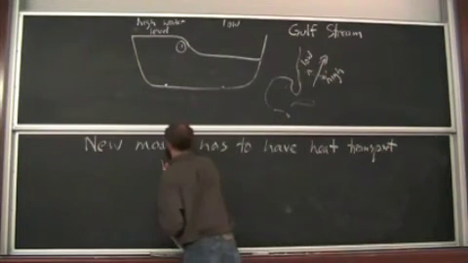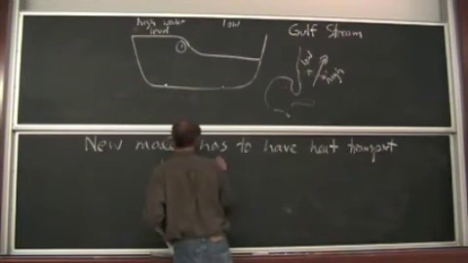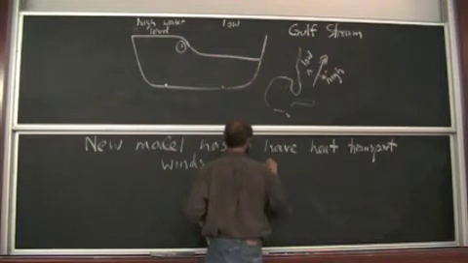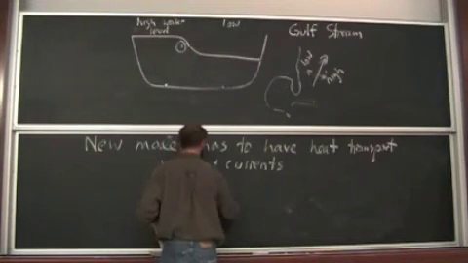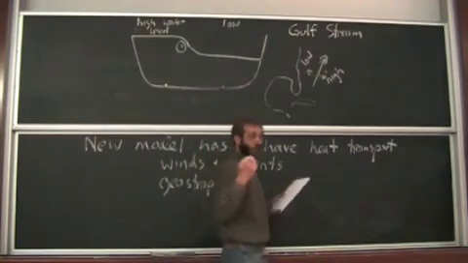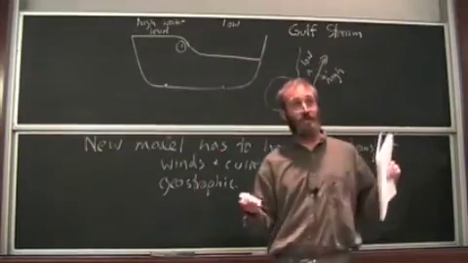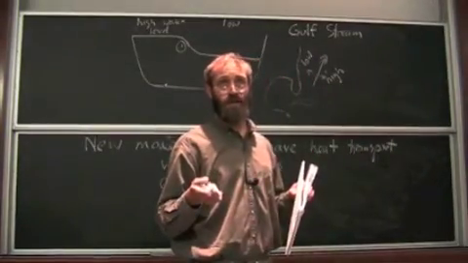And that means winds and currents. And that means we've got to have this geostrophic motion. So the models that they use are very similar to the kinds of models they use to make weather forecasts.